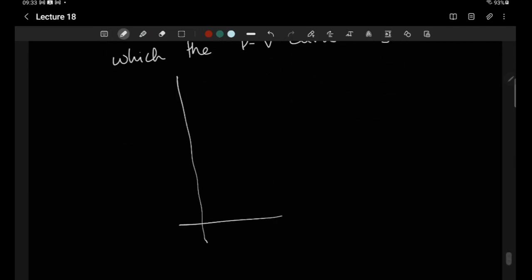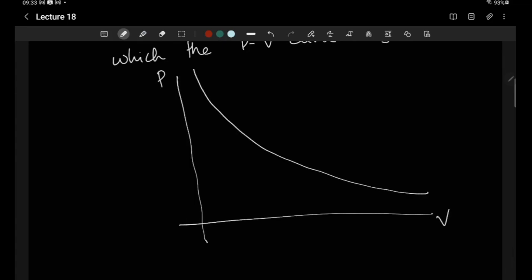Let me show what happens. So let's look at P versus V. It's something like PV equal to constant. It looks something like this.